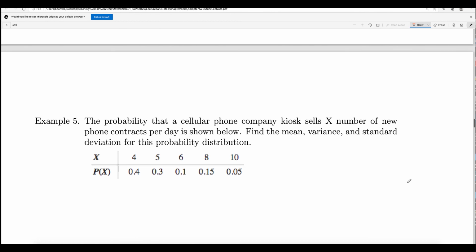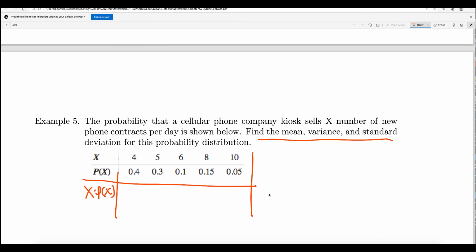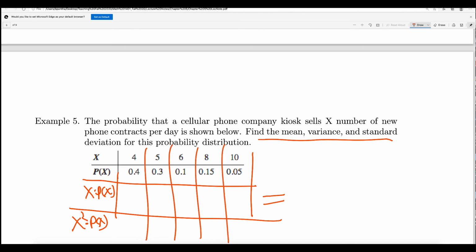Okay, let us look at example 5. Example 5 is similar to example 4, even easier because x and px are given. So how do you do this problem to find the mean, variance and standard deviation? You need to find x times px, find the sum here, and then also find x squared times px for each of those, and then find the summation here.